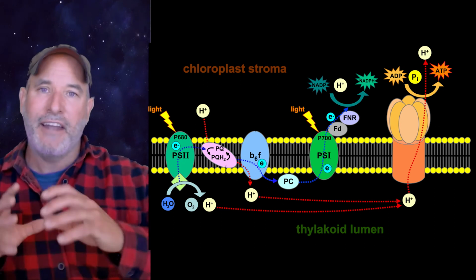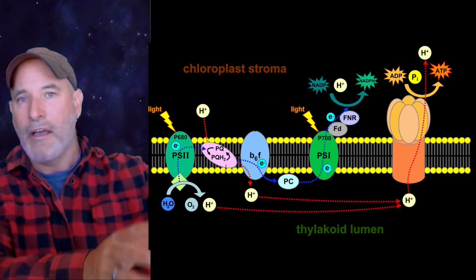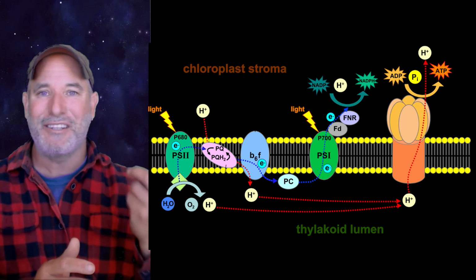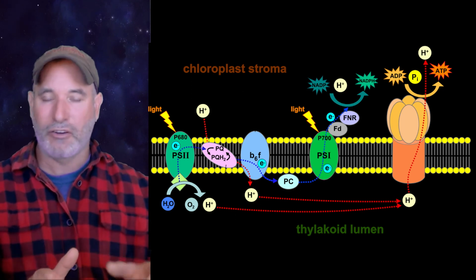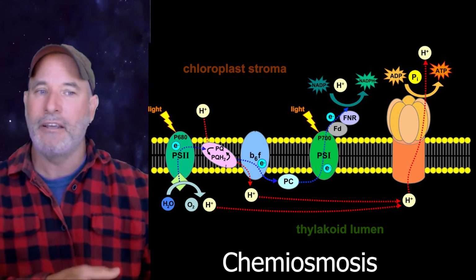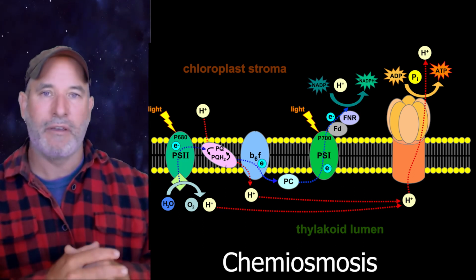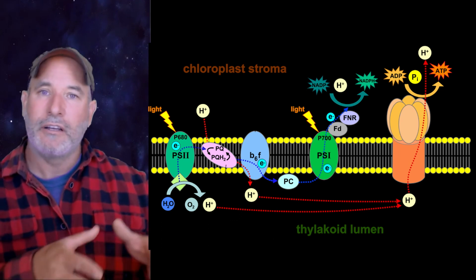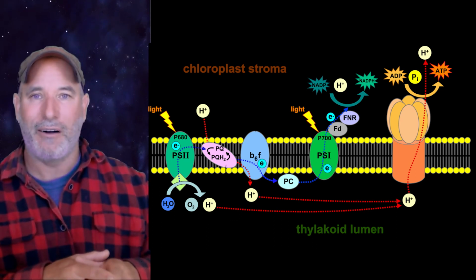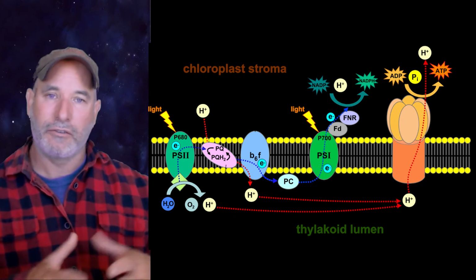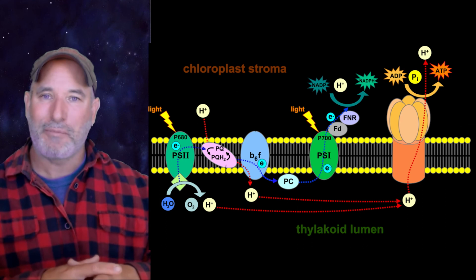And now we're taking the kinetic energy of protons pushing their way through the ATP synthase, spins up the ATP synthase, and it takes phosphate groups and slams them onto ADP, and we phosphorylate ADP to ATP. We call that chemiosmosis. And that's the same ATP synthase used in cellular respiration. Wow. And then the ATP is then used in the Calvin cycle to create our phosphorylated intermediates. So that's pretty cool, isn't it?